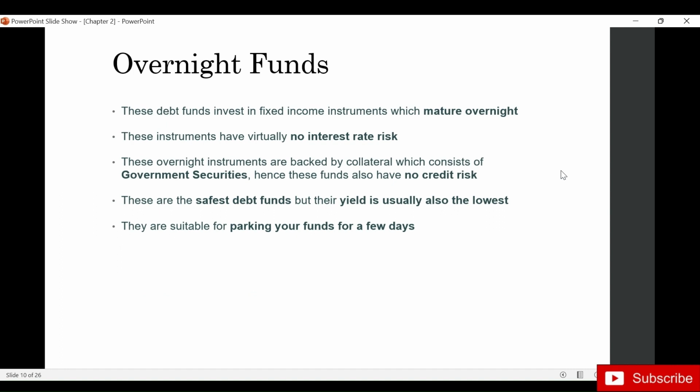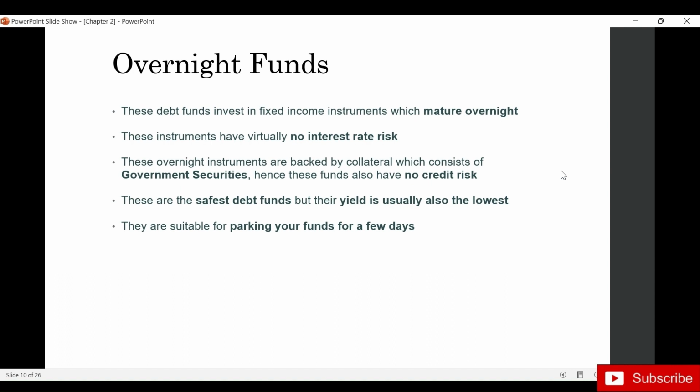The first subcategory is overnight funds. As is clear from the name, these types of debt mutual funds invest in fixed income securities that have a maturity of 1 day, and these instruments have no interest rate risk because of the short duration.